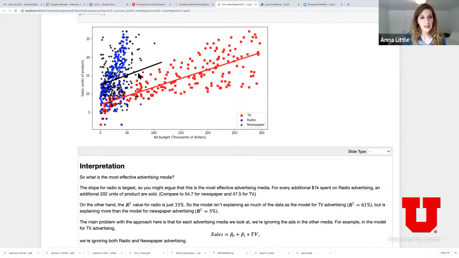Is your intercept? Oh, yes. Okay. Yeah, the beta 0 is the intercept, and you're right that for newspaper it is the highest. And I think that's partially because the slope is so small that the money spent on it is not having a very strong effect.